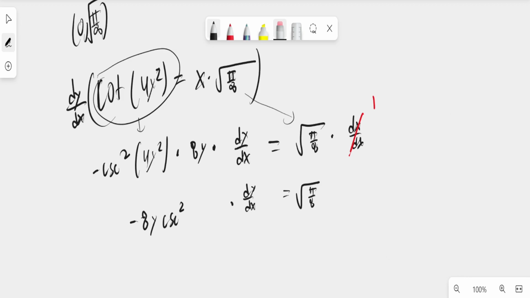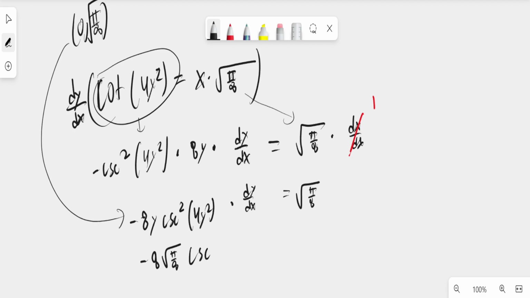So anyways, let me keep doing this. Negative 8y cosecant squared 4y squared times dy dx. Now we can plug in this point to find the slope at that point. So that would be negative 8 square root of pi over 8, cosecant squared of 4 times pi over 8, which is pi over 2, times dy dx is equal to square root of pi over 8.